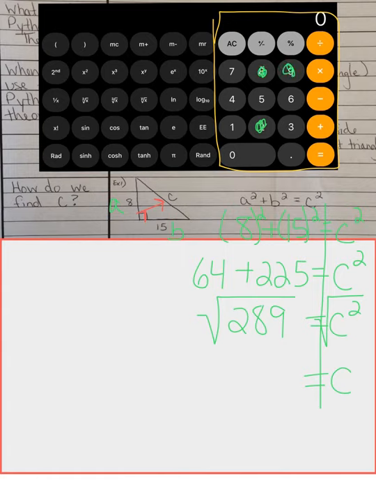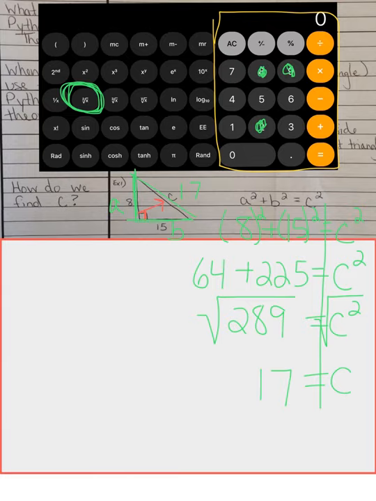And then right here, you're going to hit this button. That is the square root key, and it will tell you the number 17. And that is the length for c, and remember c is always the longest side length. So we have a is 8, we have b is 15, and c is the longest with a 17.